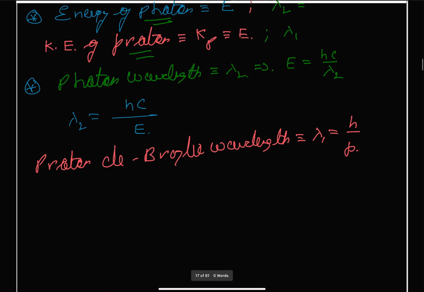The kinetic energy of the proton is half m v square, and that is also given to us as E. So we can just equate it with E.